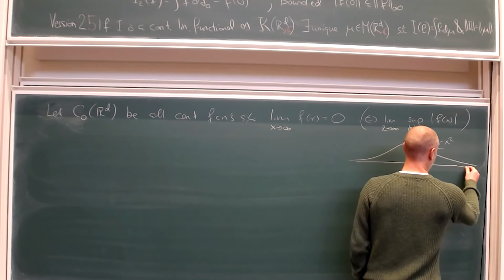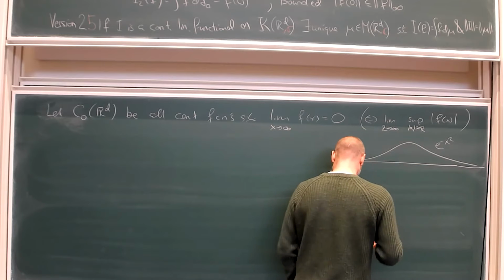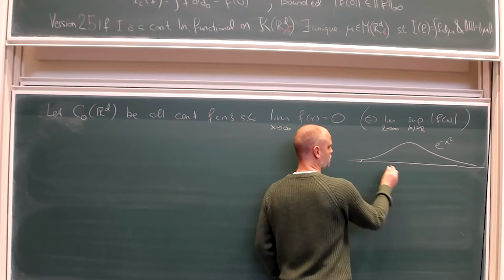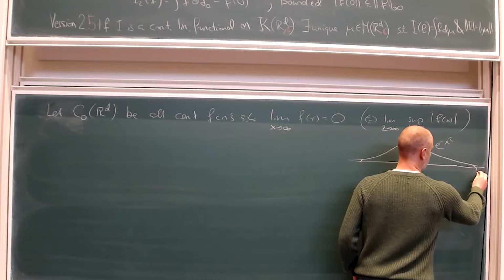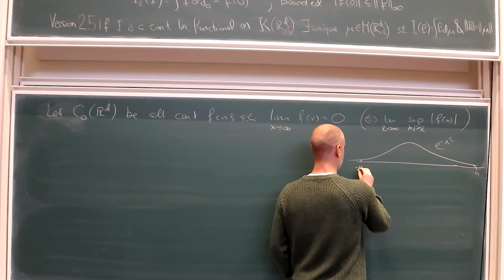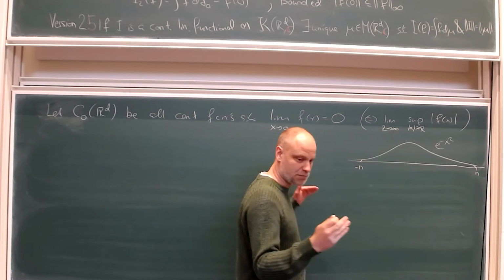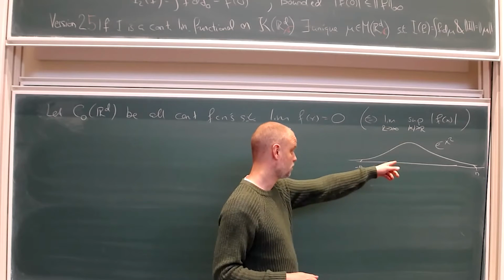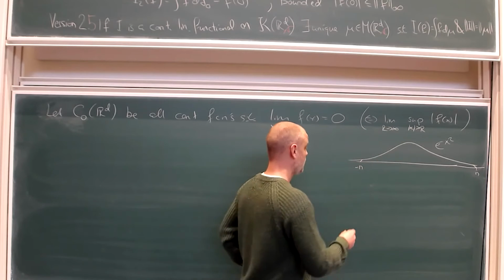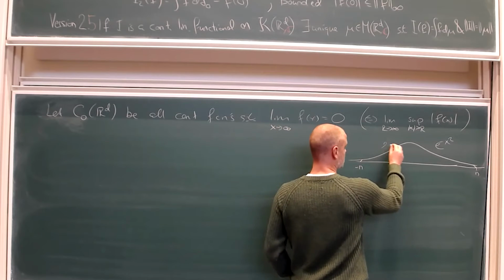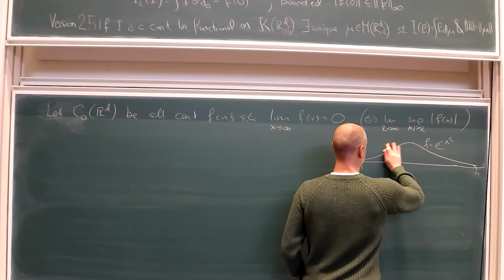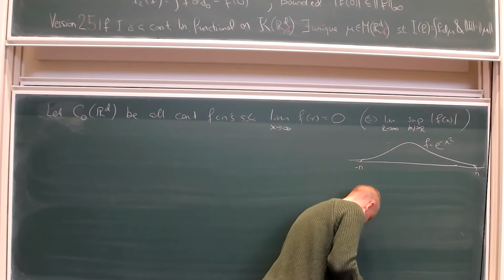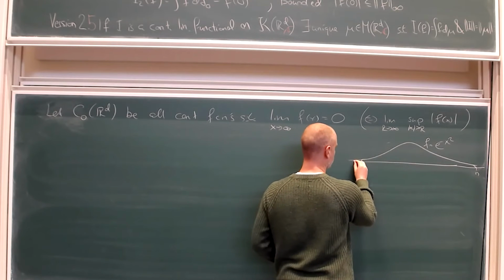But then, of course, if you want to approximate this with continuous functions with compact support, we can just let it go down to here, n and minus n, by, let's say, a diagonal line of slope minus 1 and 1, right? And then we can call that, so if this is our f, then the function that goes down like this, let me call it, okay, I use a different font color.